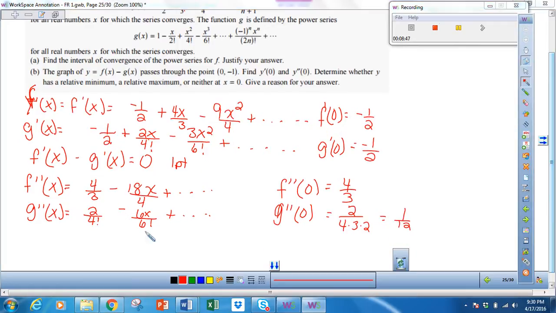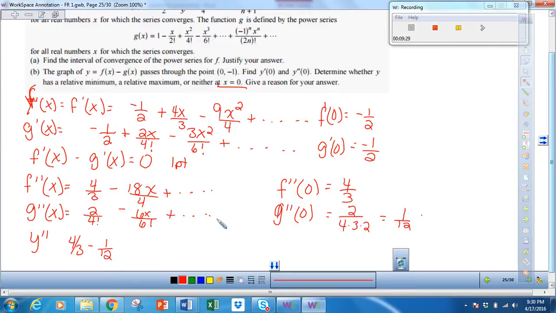So when they ask for the difference between the two, they want to determine whether y has a relative max or min. So y double prime is 4/3 minus 1/12.